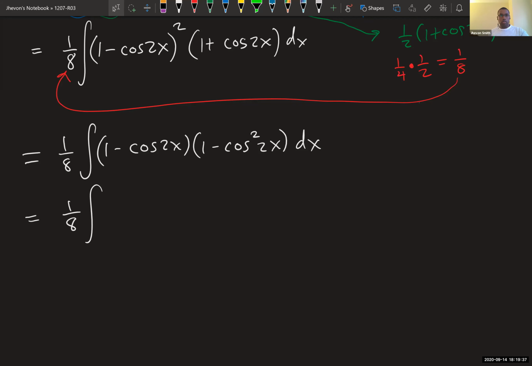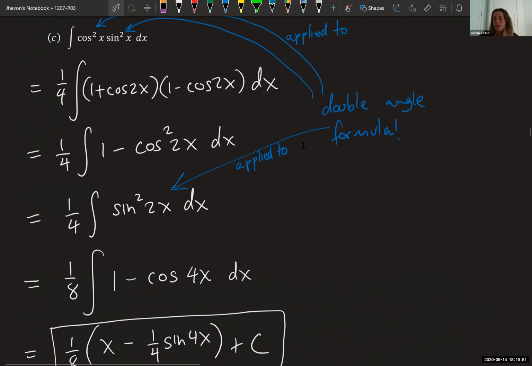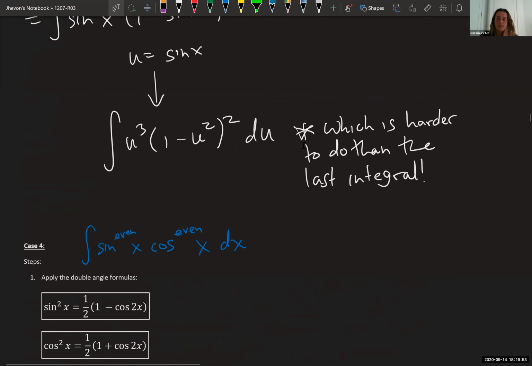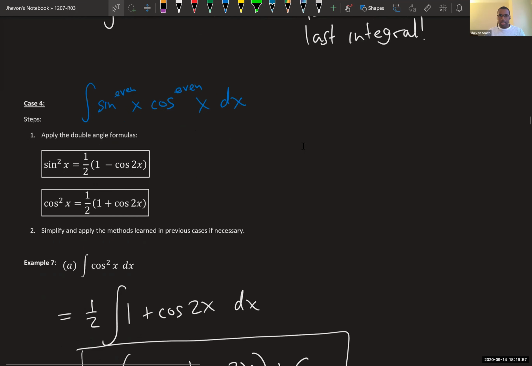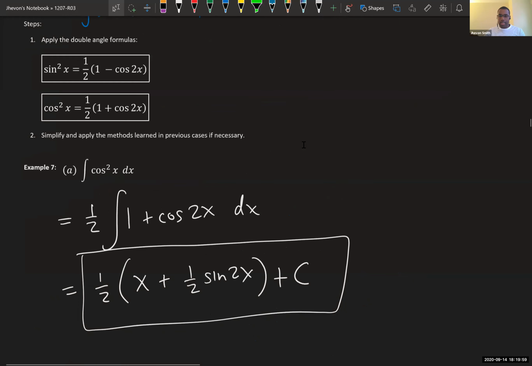Not so fast. When do we apply the double angle formula? Would you make 1 minus cosine squared 2x into sine squared 2x? Well, that was actually an important question. So let's slow down and think about this. When do we apply the double angle formula?